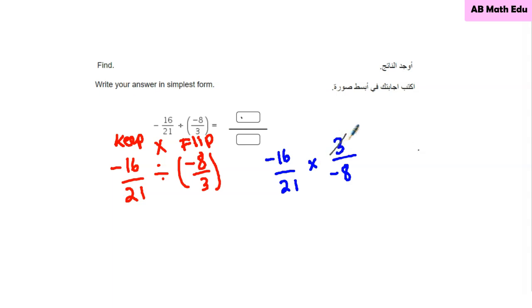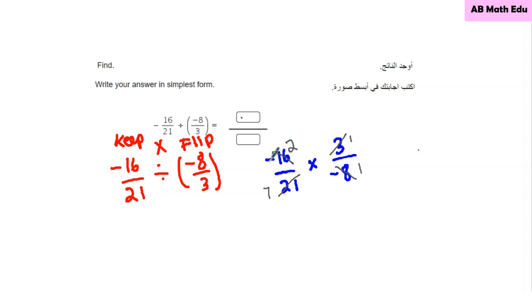We know that 3 divided by 3 is 1. 21 divided by 3 will be 7. 8 can go here. So 8 divided by 8 will be 1. And 16 divided by 8 will be 2.